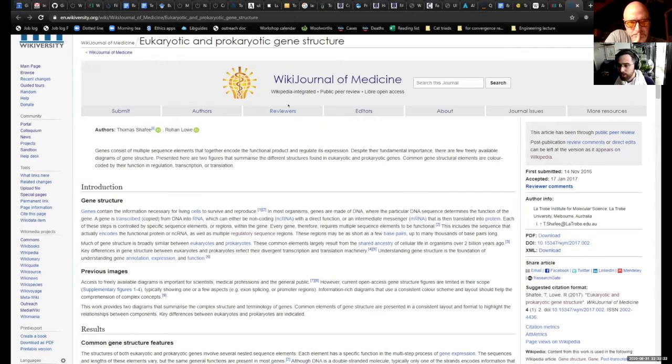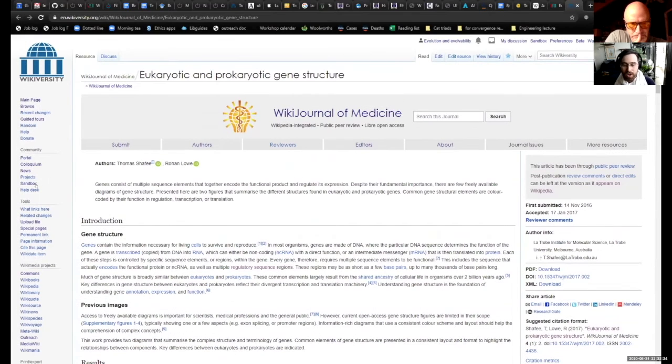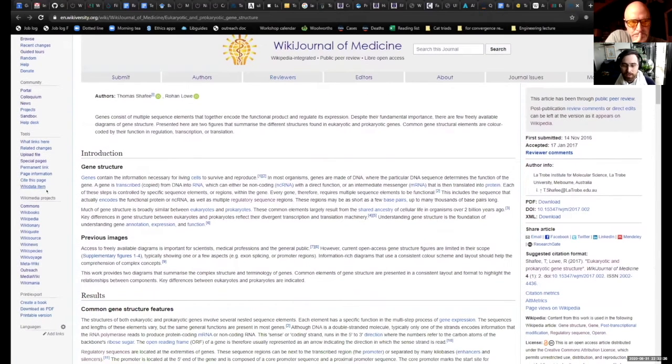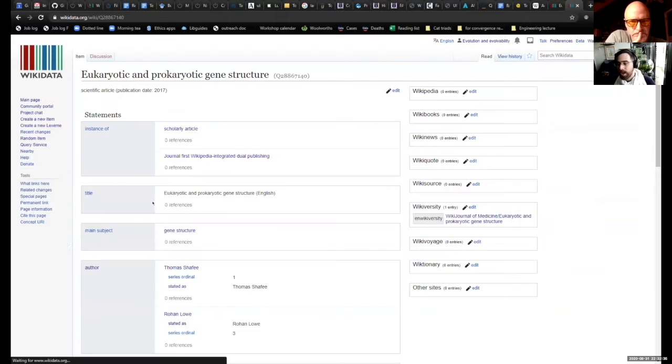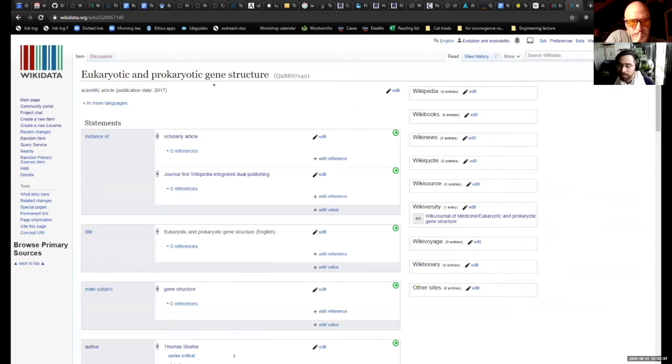So now we've got oriented on the article itself. Over on the left-hand side, it'll say, take me to the Wikidata item. So this is the data item that describes this. And if we go to the Wikidata item, every Wikipedia page has one, every Wikiversity page can have one. But more broadly than that, every academic article has one, just like everything has one.